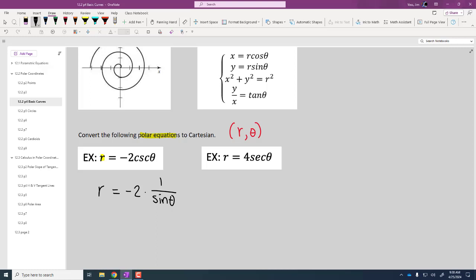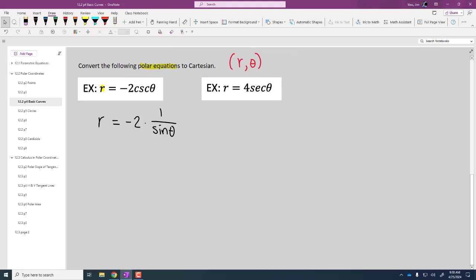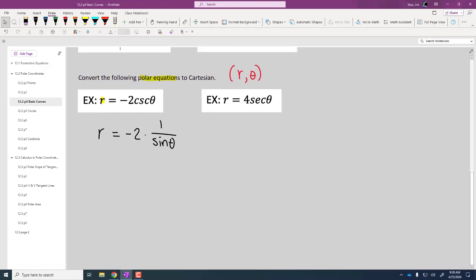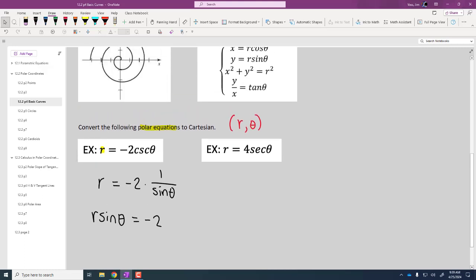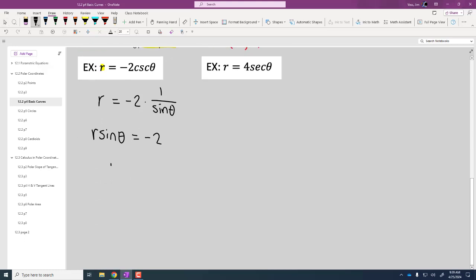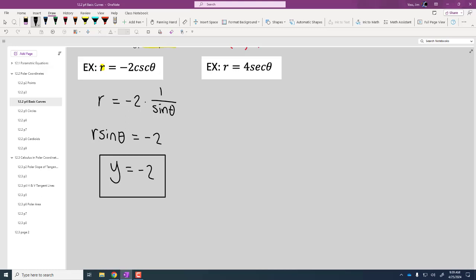We don't have cosecants or tangents or secants. So we want to get rid of those trig functions. We'd like to have sines and cosines. And if we multiply both sides by sine, it becomes pretty obvious what this equation is. Our r sine of theta is y. So this is just a horizontal line at -2. So now you know how to create the equation for a horizontal line in polar. That's it. That's a horizontal line in polar.